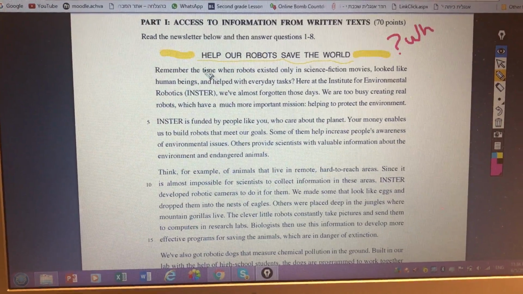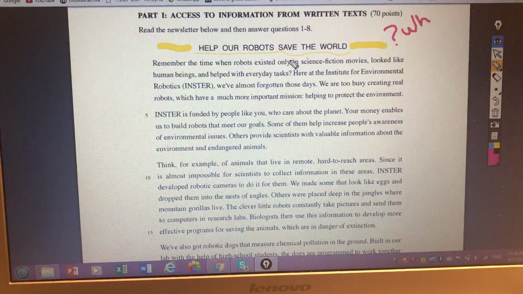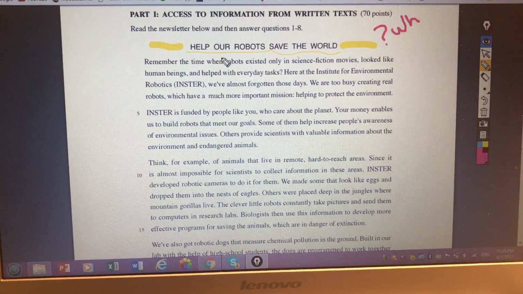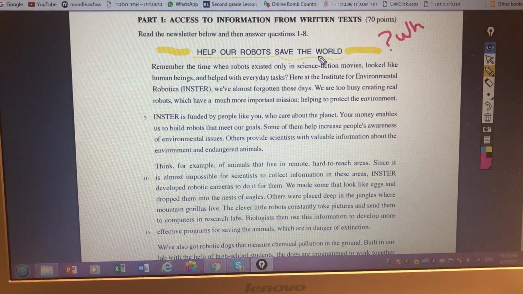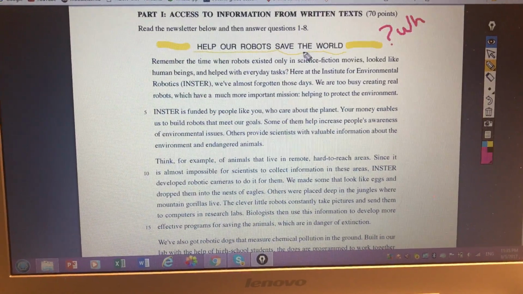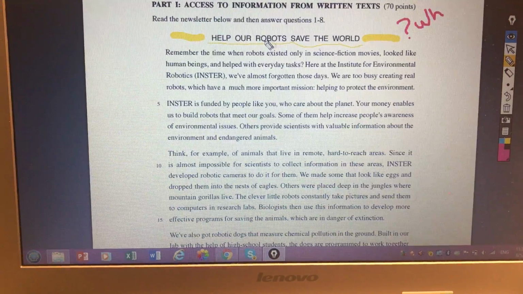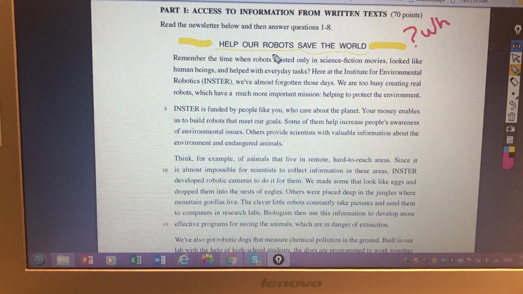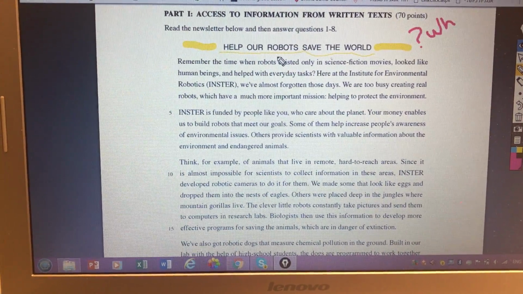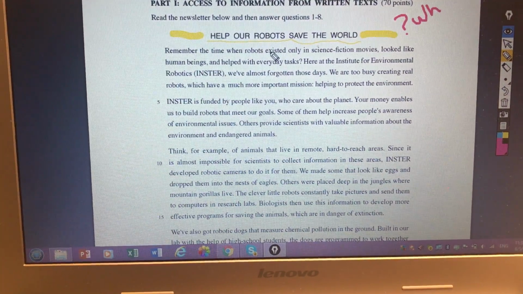We can ask, why make robots to save the world? How are the robots going to save the world? What are the robots going to do in order to save the world? What purpose? What in the world needs to be saved? We can ask many questions.